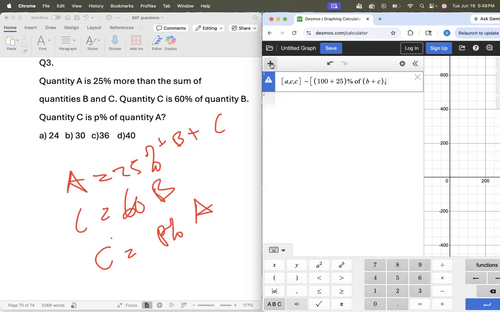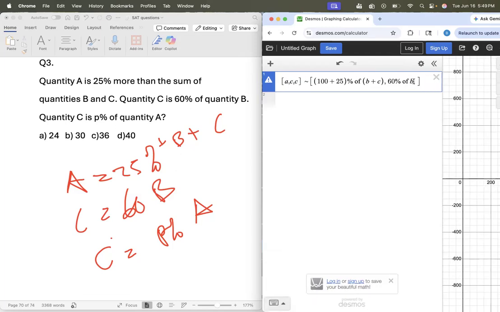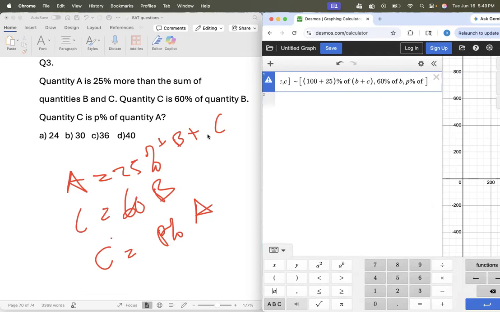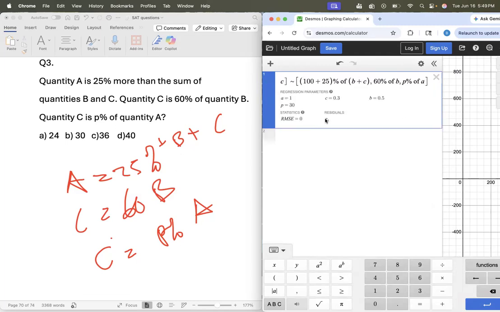The second one is C. They said the quantity C is 60% of B. So I take 60% of B. And I say quantity C, the same C, is something percent. I don't know, P percent. So P percent of what? A.